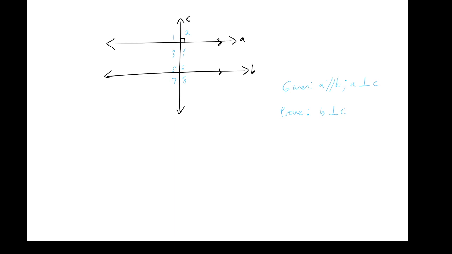All right, so here we go. 2-column proof. Left is statements, the right is reasons. Step 1, we're going to restate that A is parallel to B and that A is perpendicular to C, and that's because that is given.